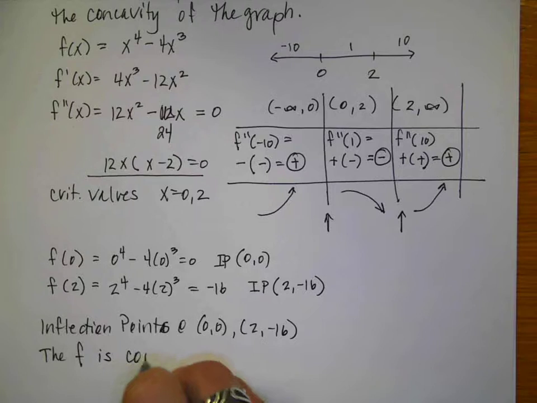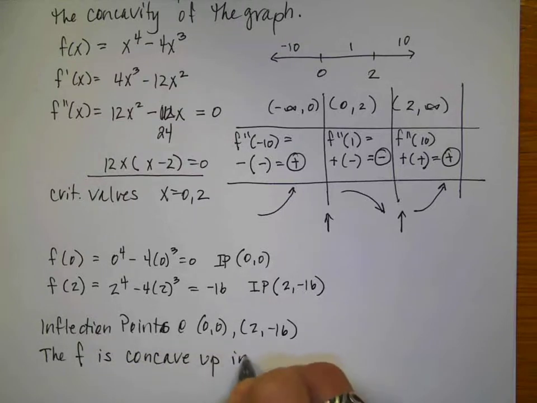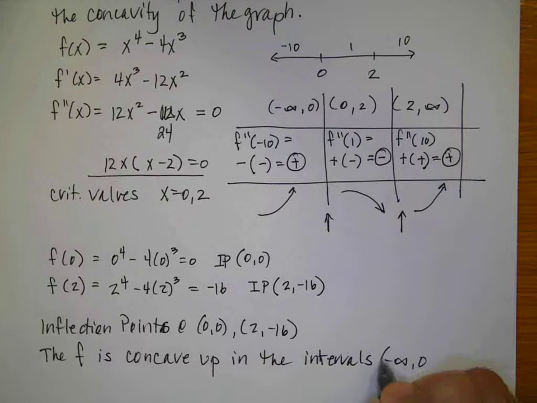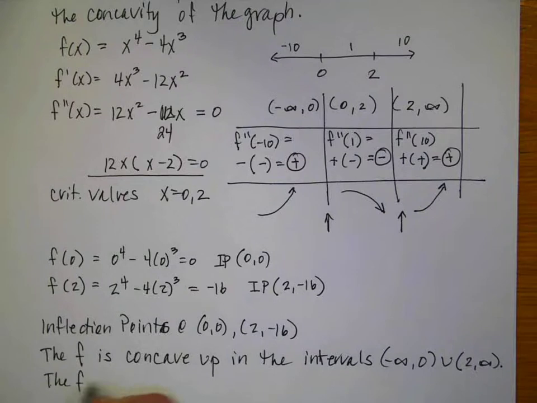And then for my concavity, if I discuss the concavity, I would say that the function is concave up in the intervals negative infinity to 0, and 2 to positive infinity.